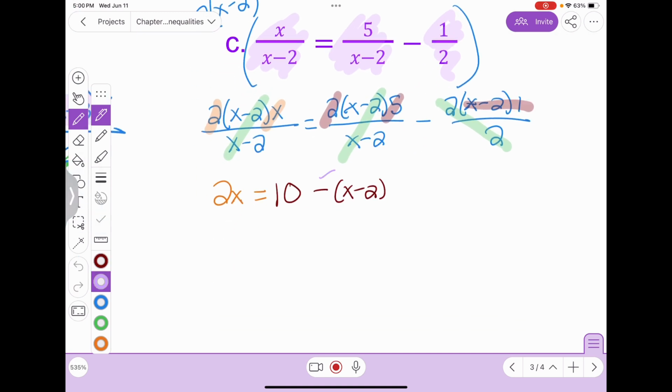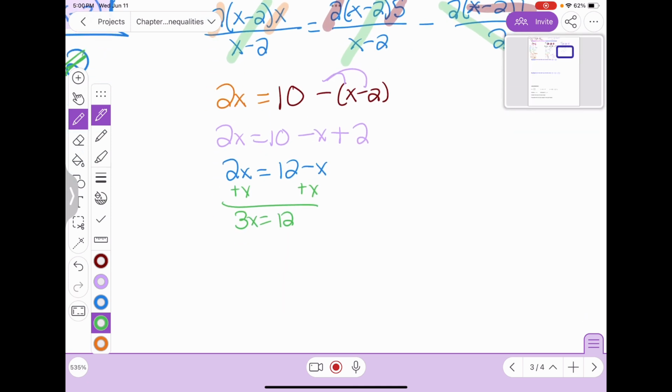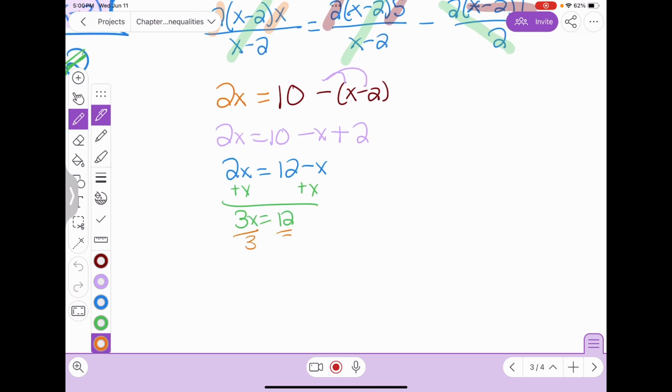Now I distribute that negative sign. So distribute minus x, and then that becomes plus 2. Combine like terms. 10 plus 2 is 12. Add x to both sides. 3x equals 12. Divide both sides by 3. 12 divided by 3 is 4.